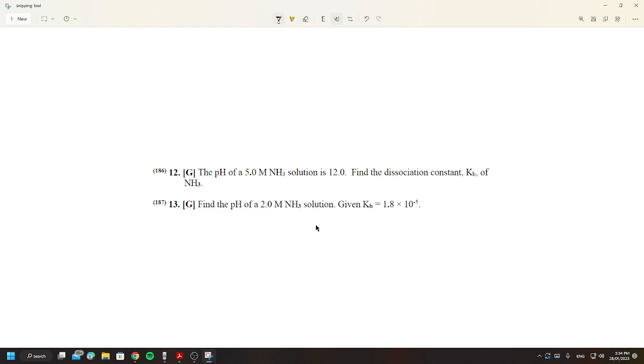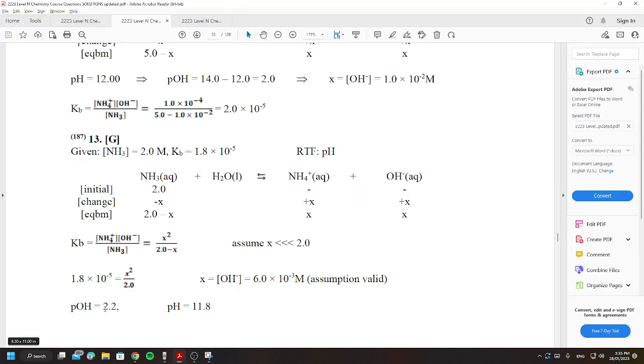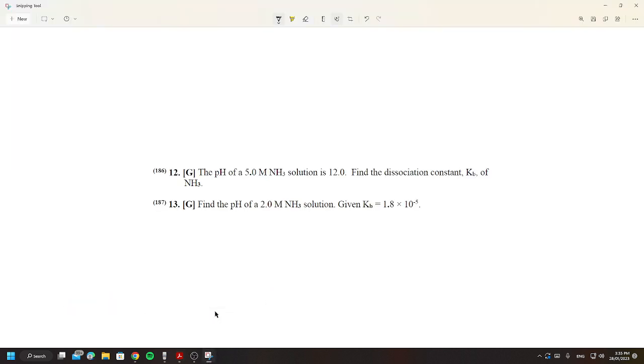So this concentration that we got is, wait, let me do this on my calculator. Right, okay.